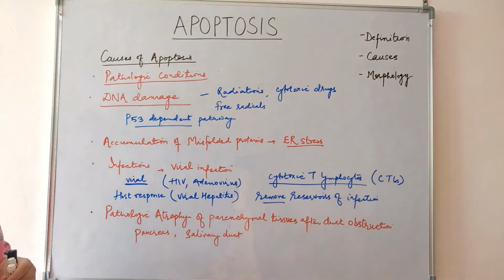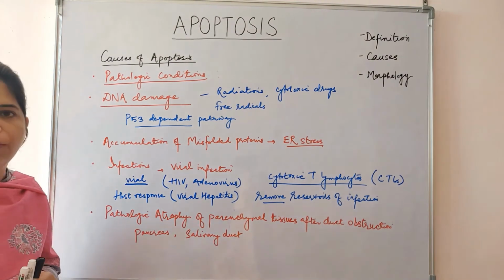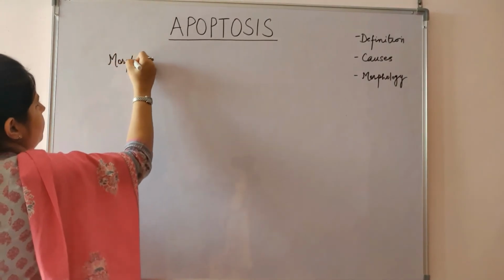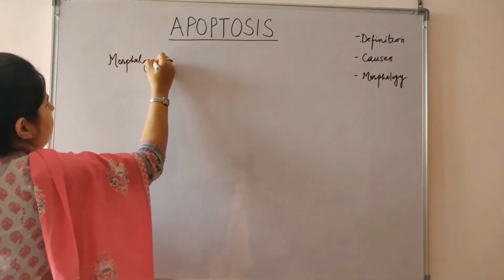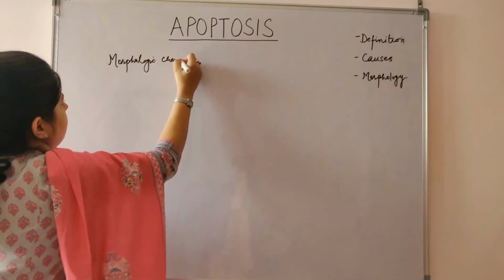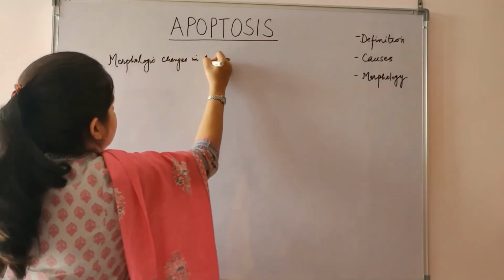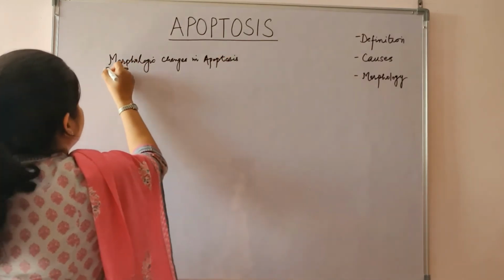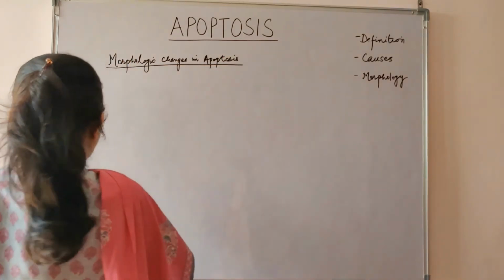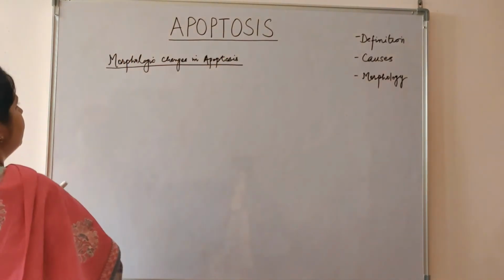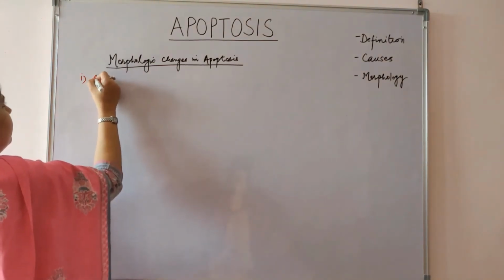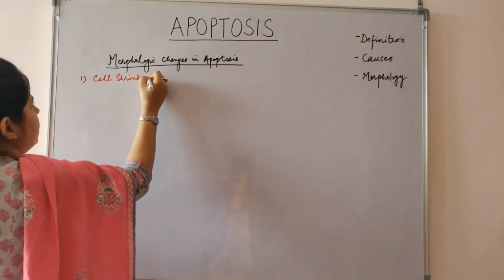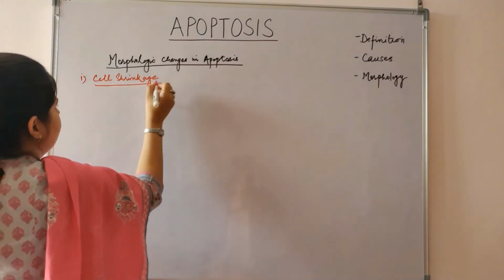So next we will study the morphology of apoptosis. What are the morphologic changes in apoptosis? These are best seen with the help of the electron microscope. These are cell shrinkage, the cell size is decreased.